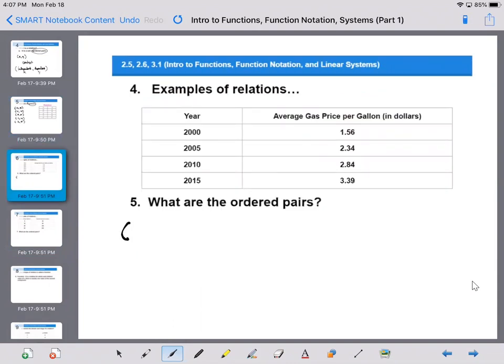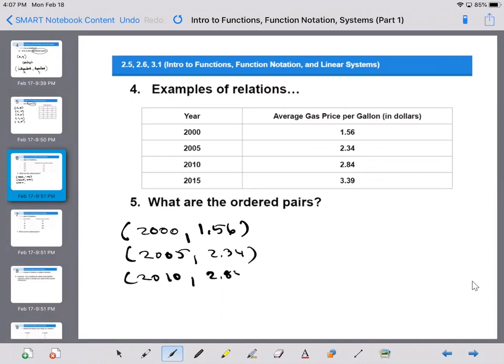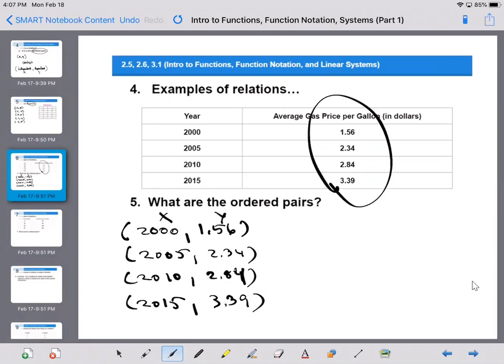So we could say the year 2000, comma, and it was $1.56. 2005 was $2.34. 2010, $2.84. And then 2015 as our x, $3.39 as our y. The gas price per gallon was dependent on what year we were discussing.